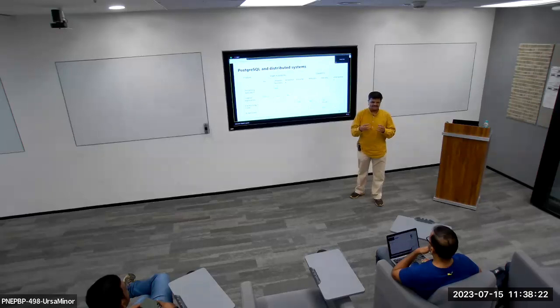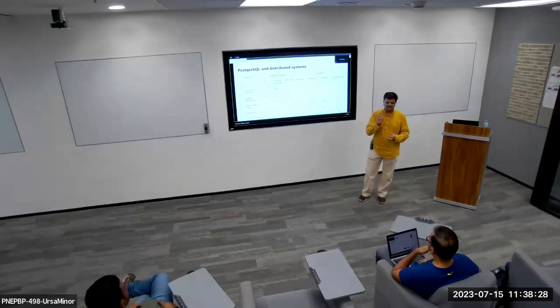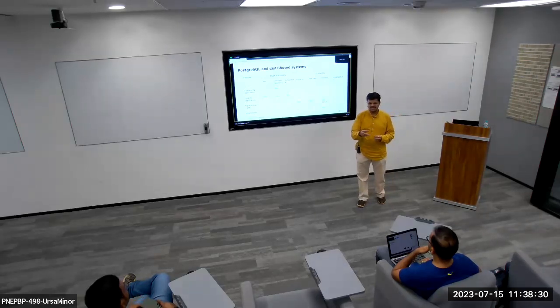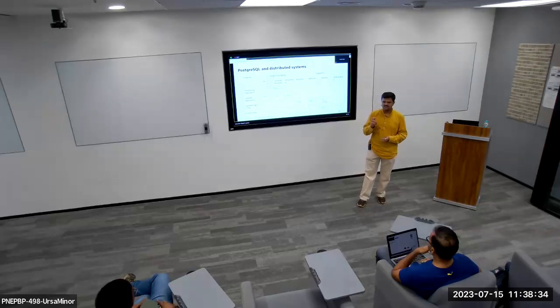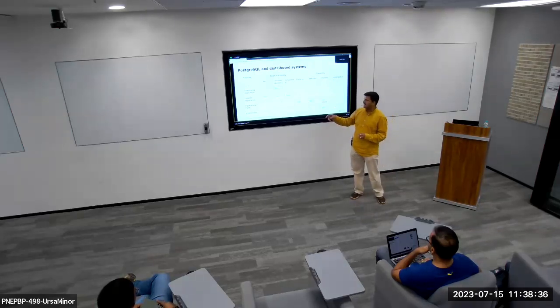It's complex, but it's doable. Second is create extensions which can be plugged into PostgreSQL, just like you plug extensions into Chrome or other browsers. You plug them in the PostgreSQL server, and these extensions allow you to run a distributed system.